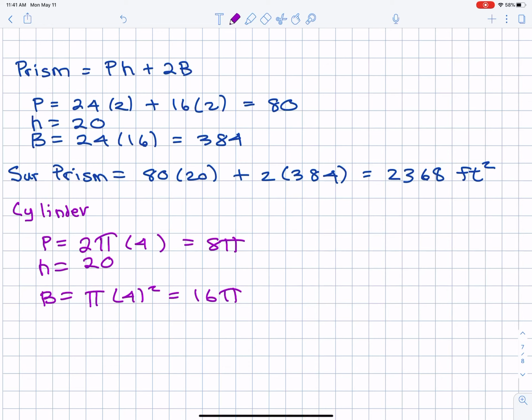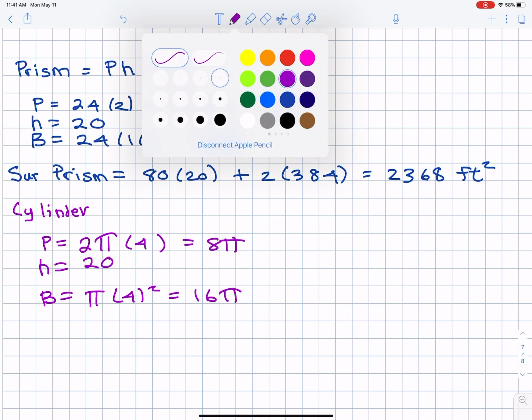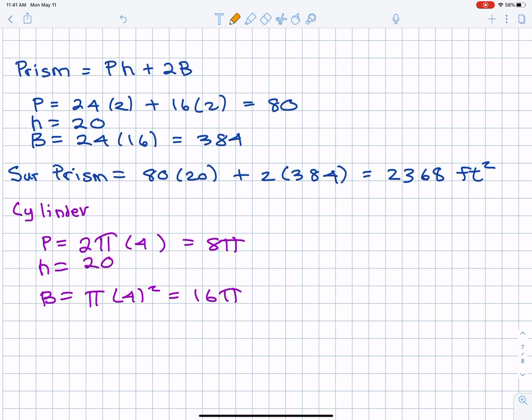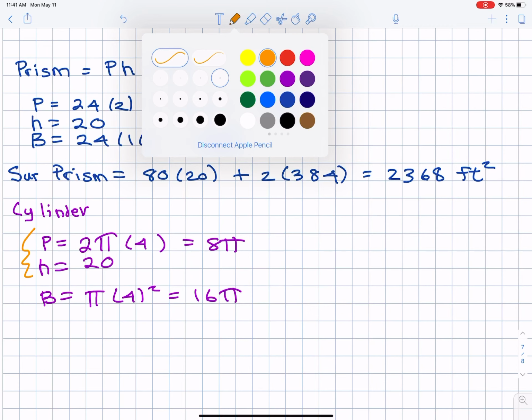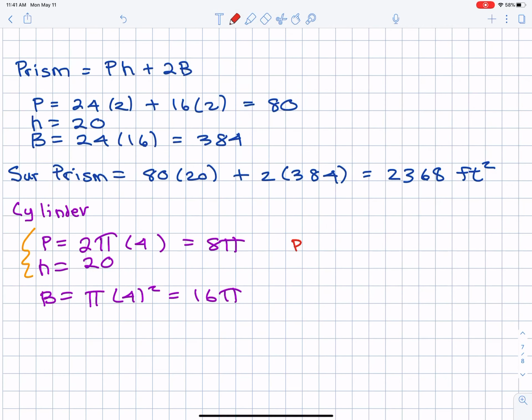Now, I want to remind you, in this case, let's think about what's going to happen. I'm going to highlight this. So we're going to have this piece right here. If we multiply those two together, we take the perimeter and multiply it by the height, that's the lateral area.